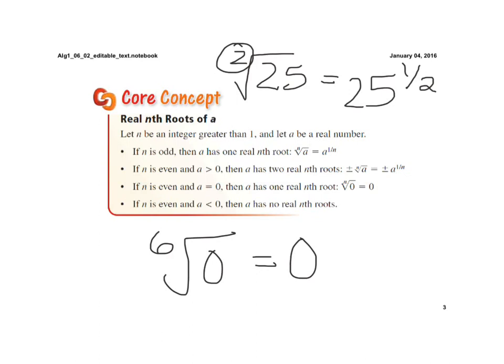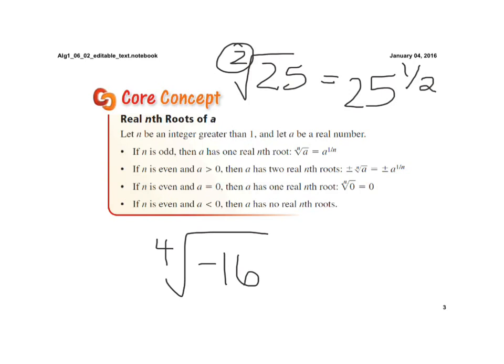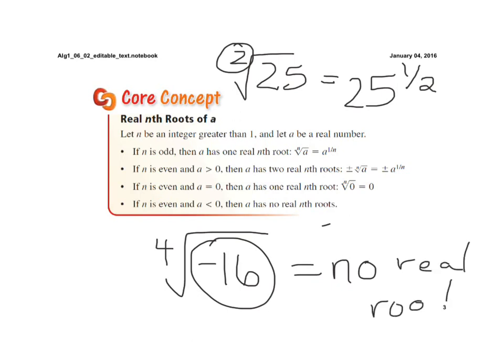And then the last one is if n is even, so it's like the fourth root, but I have a negative 16, well, there's no way of getting the same number multiplied times itself 4 times and getting a negative answer. So this has no real roots. So no real roots. Okay? All right.